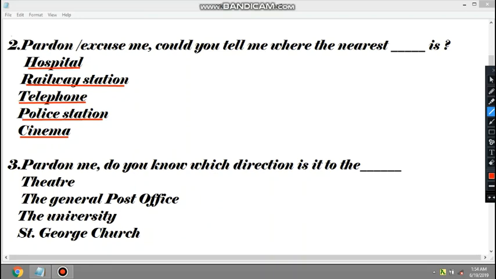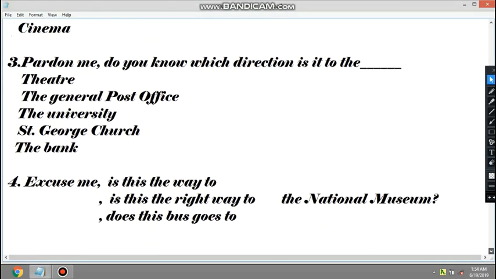This is another way of asking a direction to these places: a direction to cinema, a direction to telephone, a direction to railway station, and so on. And let's see the third way of asking direction.